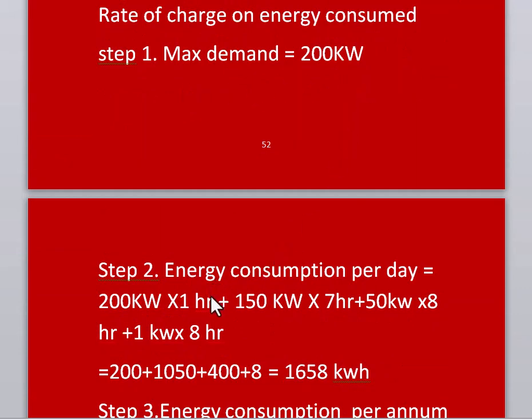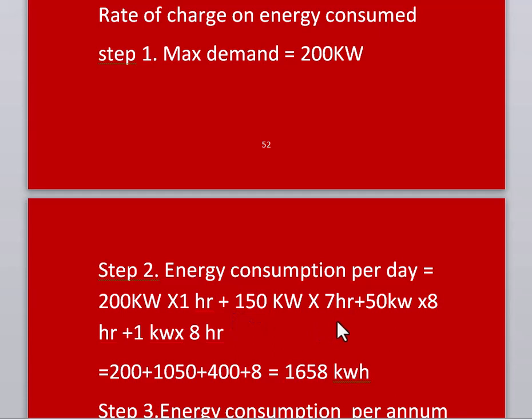Next, step 2 is, what is the energy consumption per day. We know that for 24 hours, energy is consumed in different periods. The first period is 1 hour and 200 kilowatts is consumed. So 200 kilowatts into the number of hours will give the energy consumed in that period.